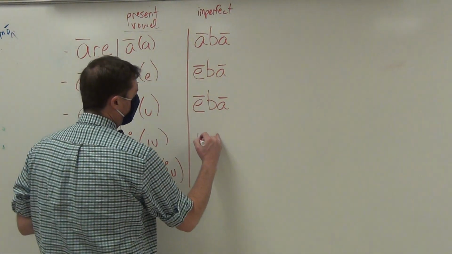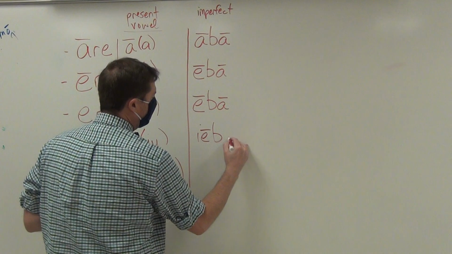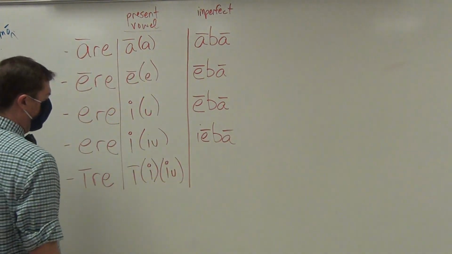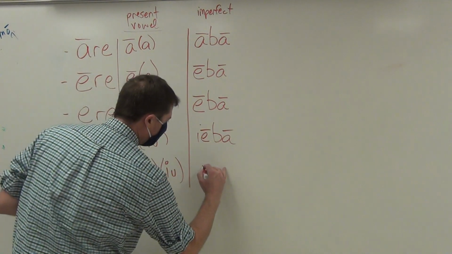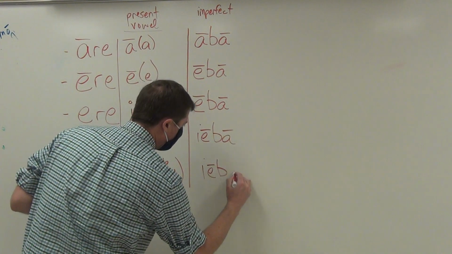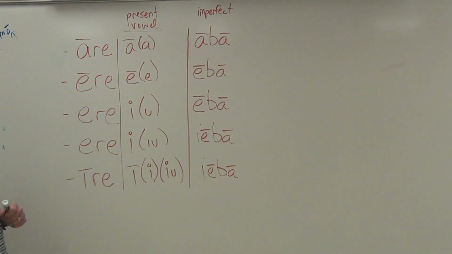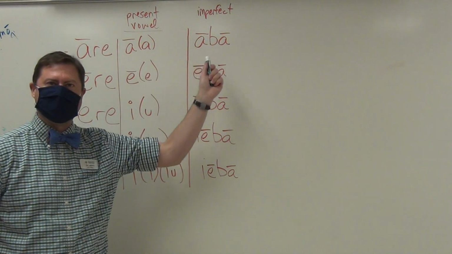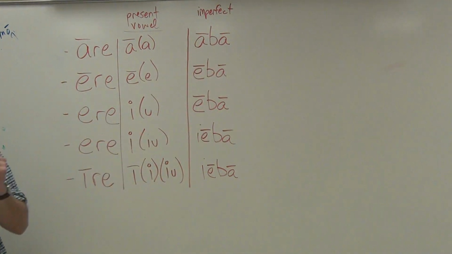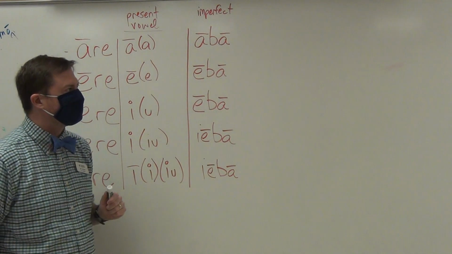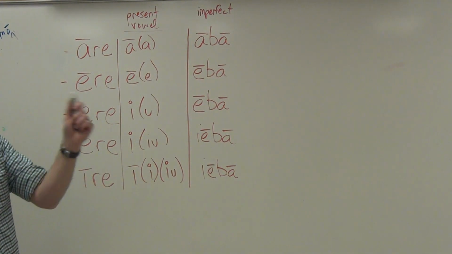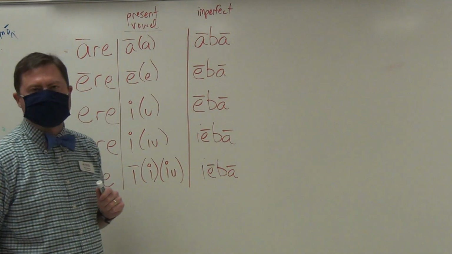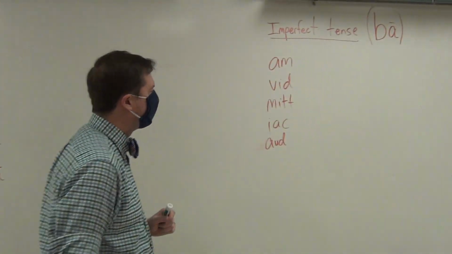Third IO is I long E plus a BA, and the fourth is also I long E plus a BA. Most importantly, however, it is the BA that you see in every single example. So, let's continue to form with our examples that are here.